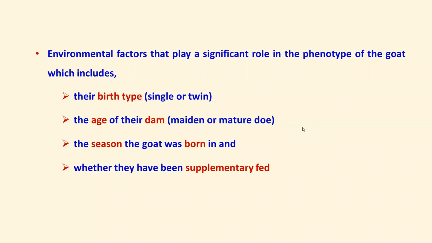I'm just using a very simplistic way of explaining the breeding part. Okay, heritability, this is the simplest way possible. Means these environmental factors can affect the genetic part. That's why we are saying that the phenotype is not getting wholly transferred to the next generation.